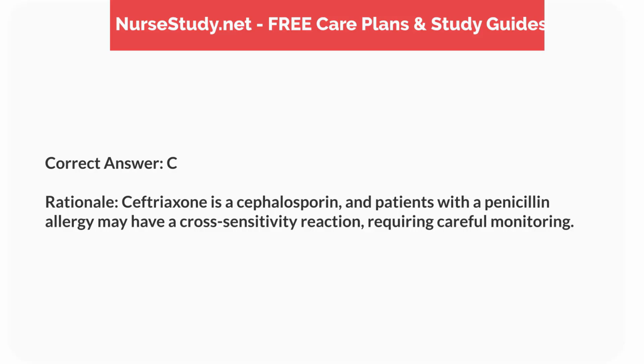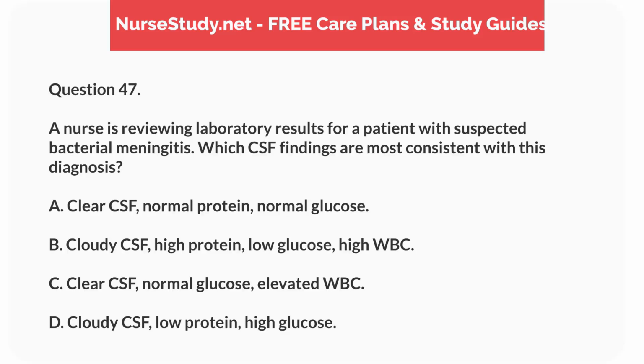Question 47. A nurse is reviewing laboratory results for a patient with suspected bacterial meningitis. Which CSF findings are most consistent with this diagnosis? A. Clear CSF, normal protein, normal glucose. B. Cloudy CSF, high protein, low glucose, high WBC.